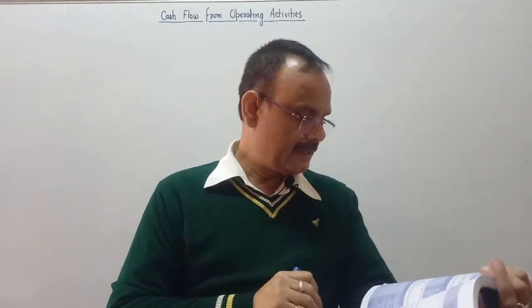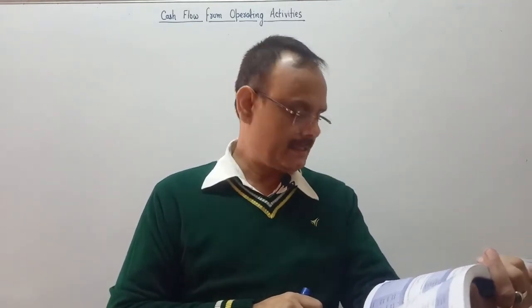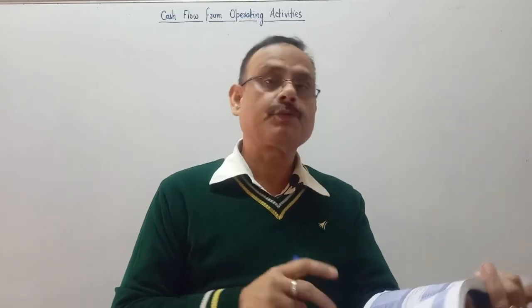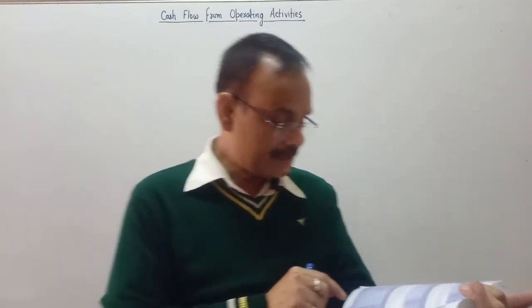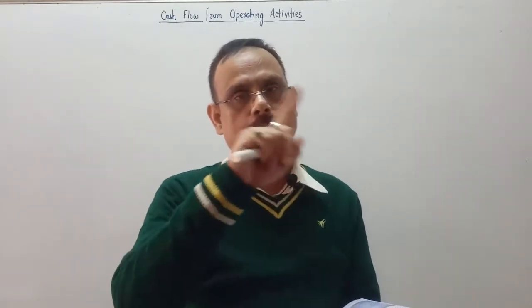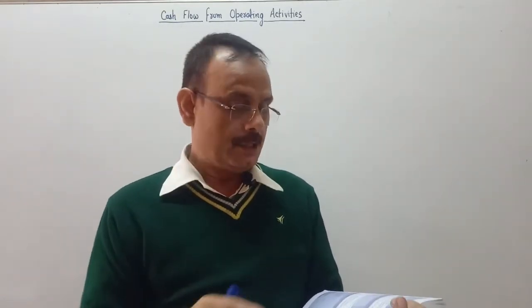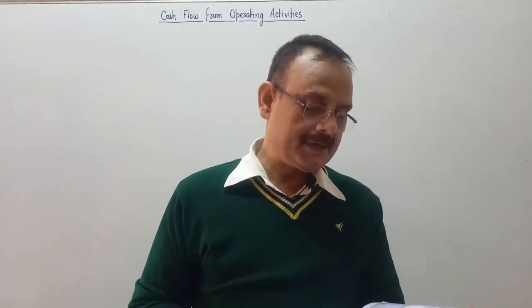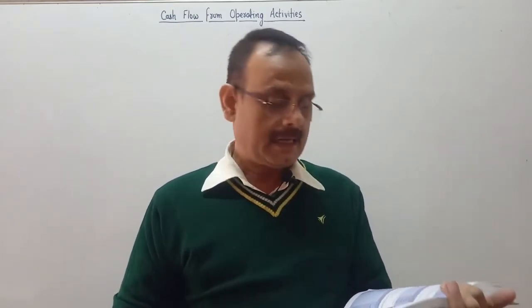Now, on the asset side, first is non-current assets. Under non-current assets, first is fixed assets, with note number 3 given. We refer to note number 3 immediately. In note number 3, in fixed assets, machinery is given and provision for depreciation is given.